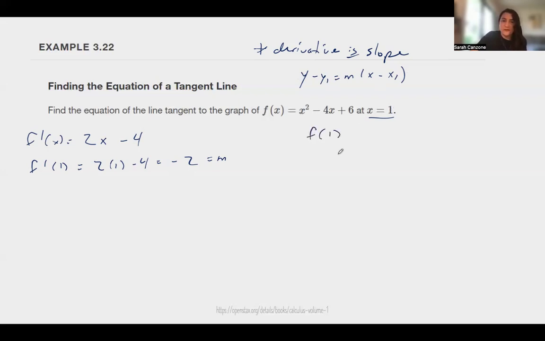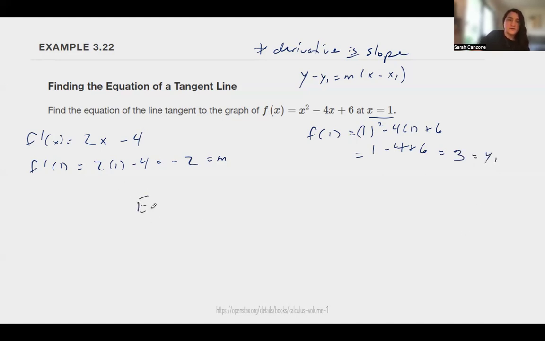So we're looking for regular old f of 1, which is 1 squared minus 4 times 1 plus 6, which is 1 minus 4 plus 6. Well, 1 minus 4 is negative 3, plus 6 is positive 3. So this is like your y1, if you will.